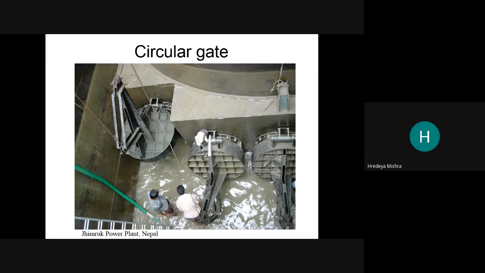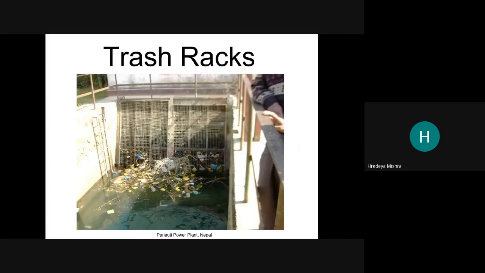Now see the circular gate. This is a portion of the circular gate where a man enters and does the maintenance. This is the Jimruk power plant in Nepal.